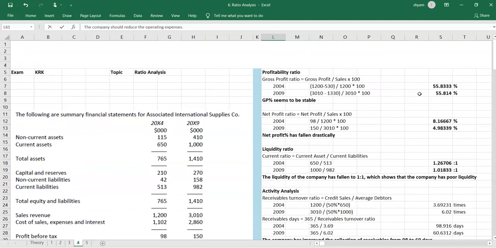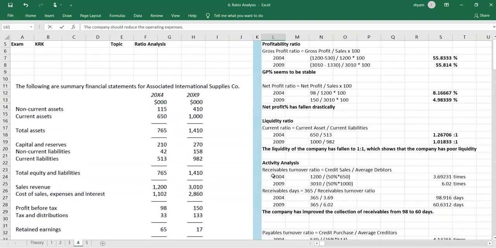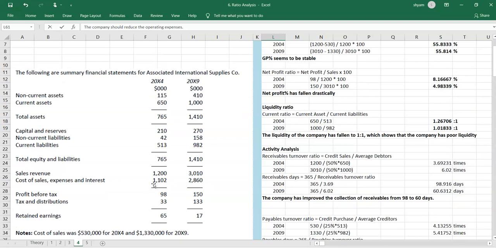It's around 55% and it's stable. But if you look at the net profit level, it has collapsed. The sales are good and increasing, and the cost of sales seems to be quite a higher number. So if the company could reduce this, that could contribute to better performance. If they could reduce the cost of sales, expenses and interest, that will boost up the profit.